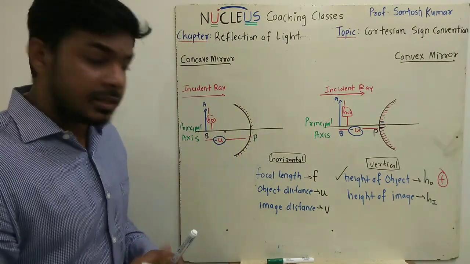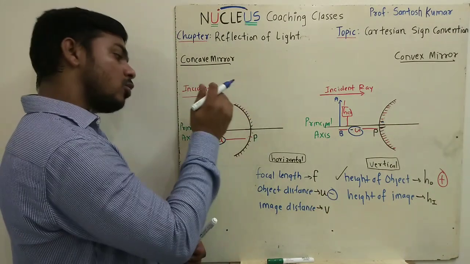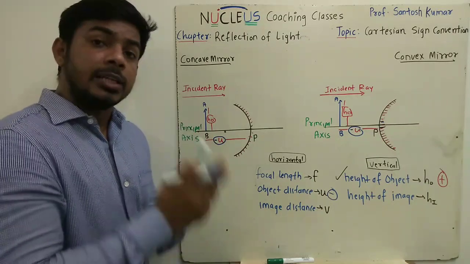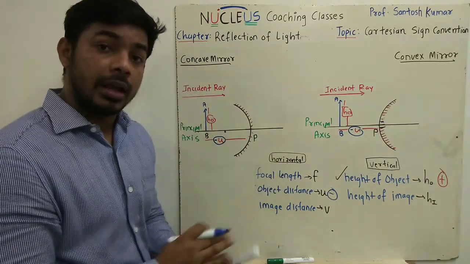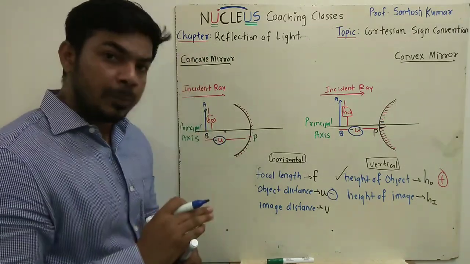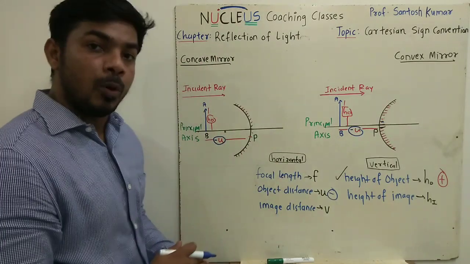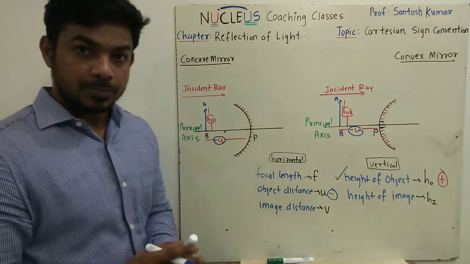So what we studied, that object distance will always be negative whether for concave mirror or for convex mirror, because object is always kept to the left hand side of pole. This is very important. Any object, if considered, should be perpendicular to principal axis and should always be placed on the left hand side of pole. So remember, object distance will always be negative.